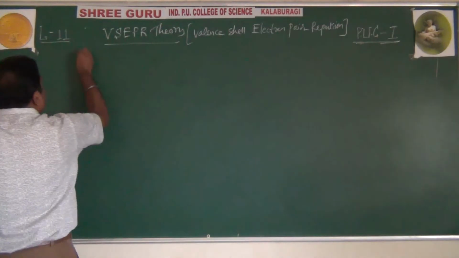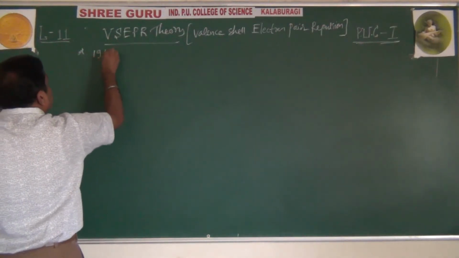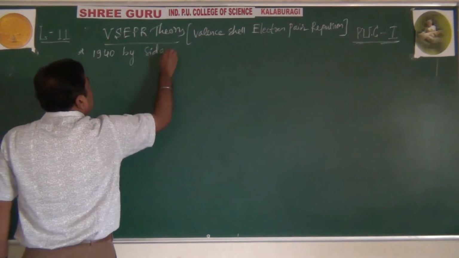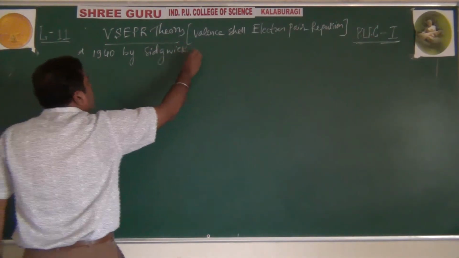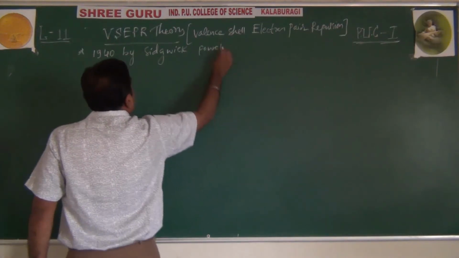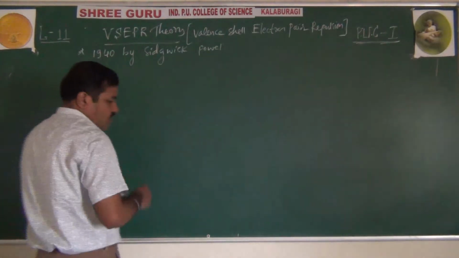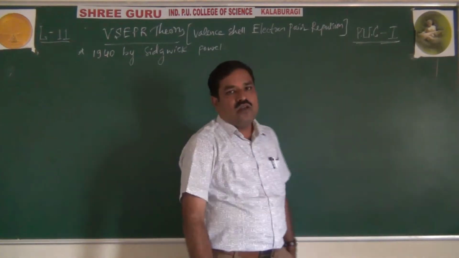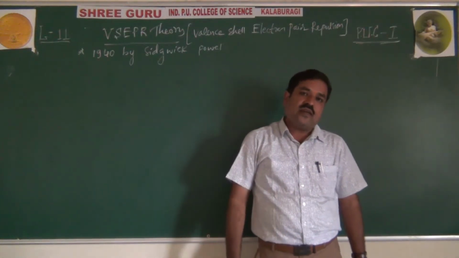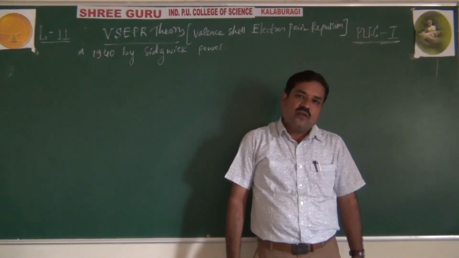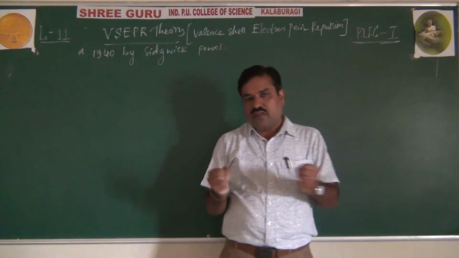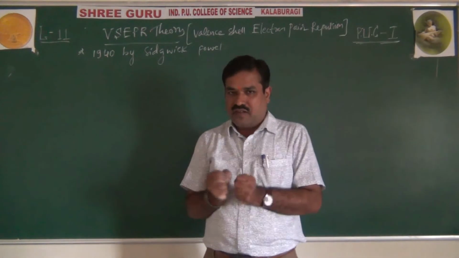And this theory was given in the year 1940 by Sidgwick and Powell. They tried to explain the formation of compounds without using the hybridization concept. See, we don't use the hybridization concept here. Only how molecules are formed by the repulsive forces between bonding pairs and non-bonding pairs.